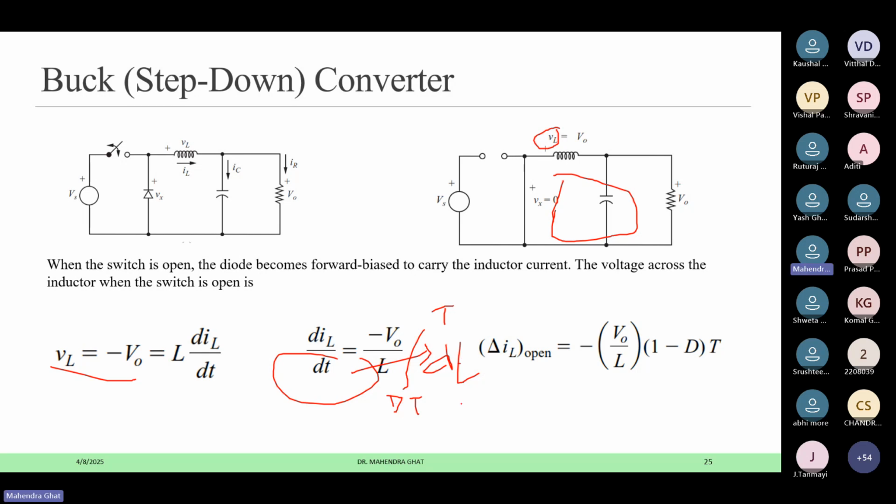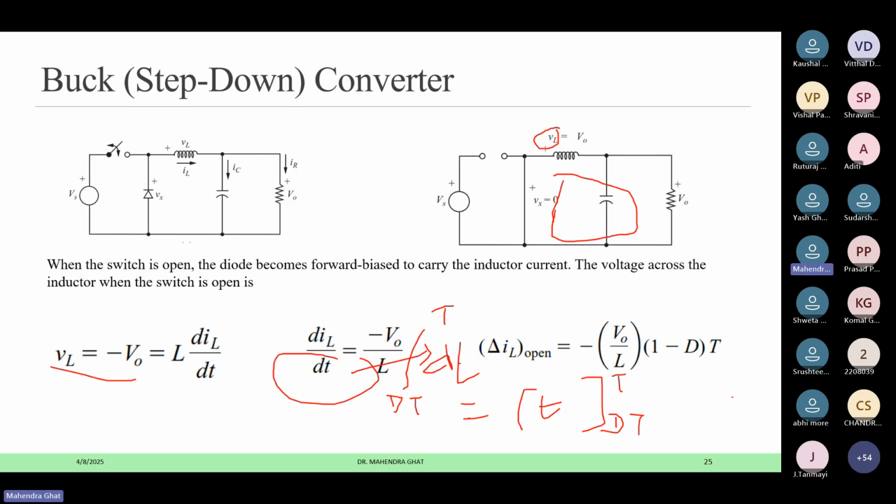If I simplify this, what I will get? This term, minus VO by L, as it is, and the integration of dt is t over the limits dt and T. If I put in this value, it becomes T minus dt.